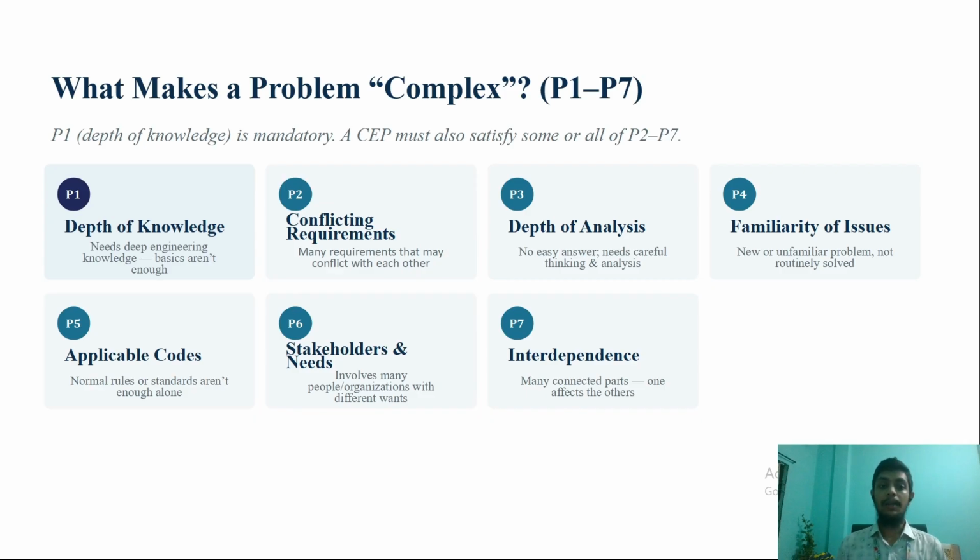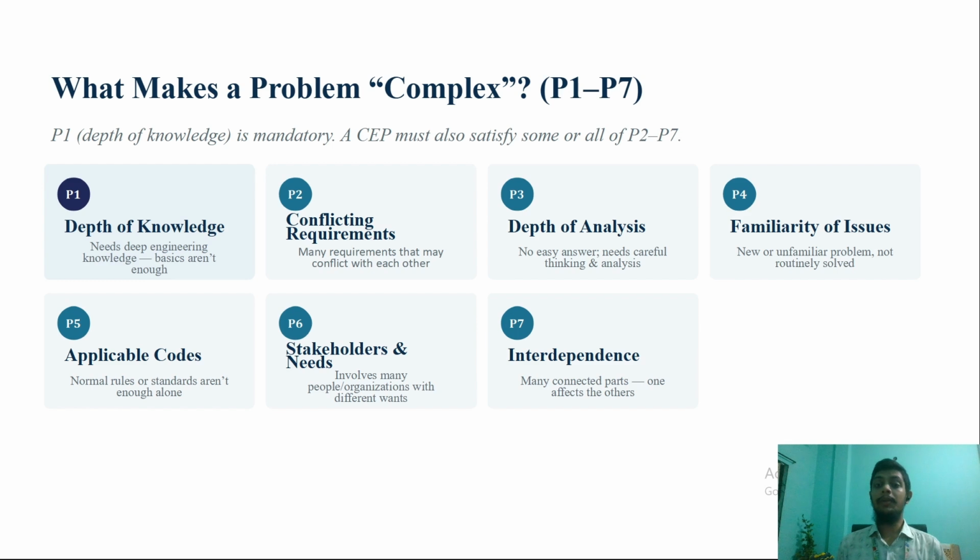P1, depth of knowledge, needs deep engineering knowledge. P2, conflicting requirements. There are many requirements, some may collide with one another. P3, depth of analysis. There should not be an easy answer, it needs careful thinking and analysis. P4, familiarity of issues.